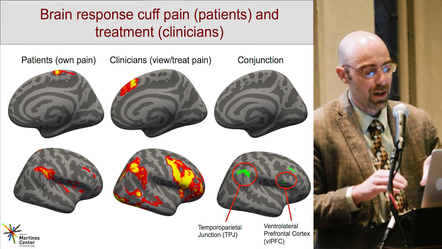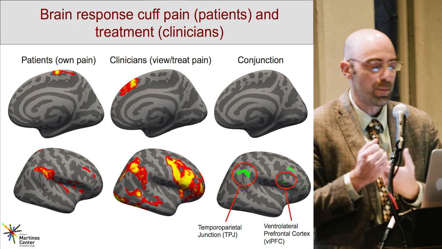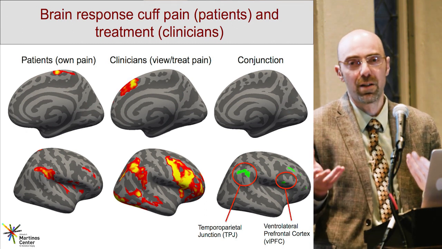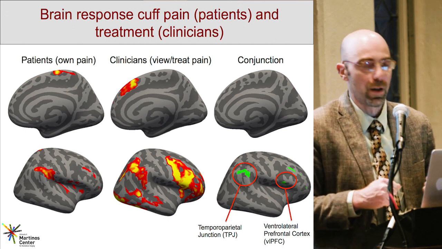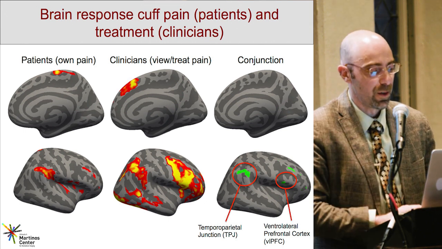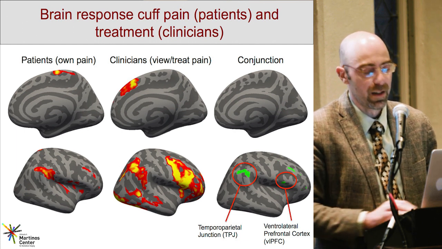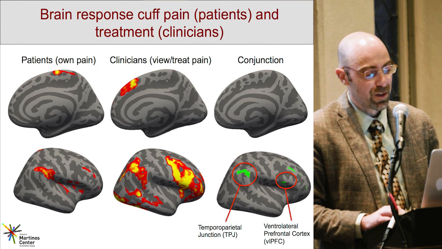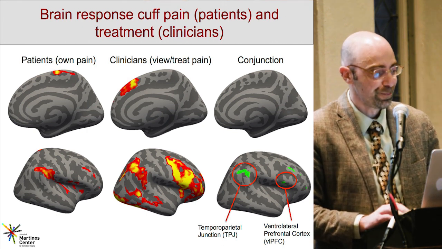There are mirror neurons for motor activity, such as grasping. There are mirror neurons for somatosensory, so tactile feeling, touch. And there are also mirror neurons for empathy, for social relationships. And these are the social mirror neuron systems in the TPJ and in the ventrolateral prefrontal cortex. So this is very nice. We're actually able to identify these areas with functional MRI.